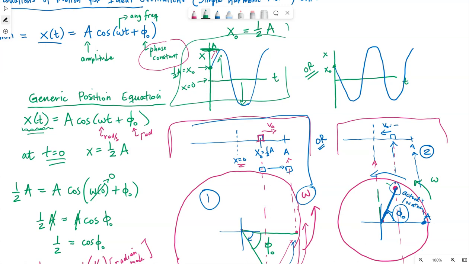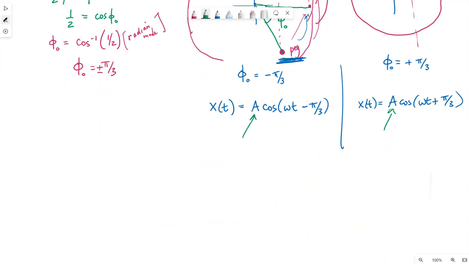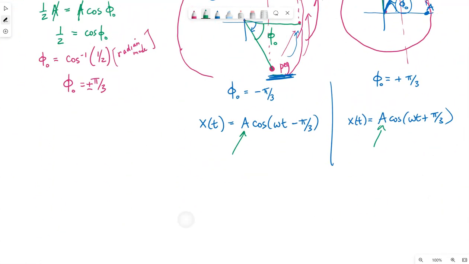The period we could read off the graph as well. So A and T, amplitude and period, can be obtained from the graph itself.